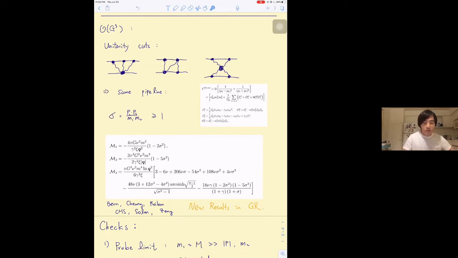Also for two loop, there are two matter propagators on shell. So all the lines you see here are on shell, and the blobs correspond to the amplitude. For example, this is a four-point graviton amplitude that has STU diagrams.